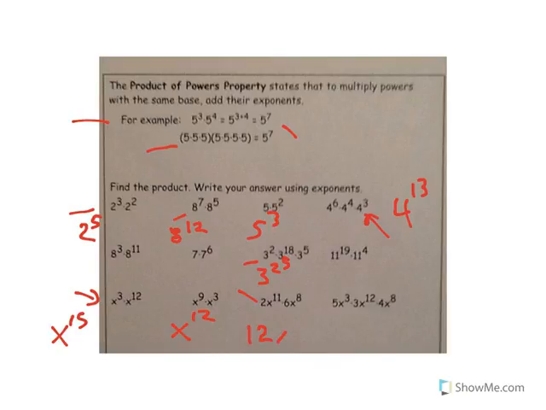And then x is the base, and the exponent is 11 plus 8, which is just going to be 19. For this one here, it's going to be 5 times 3 times 4, and that's going to be 60. And then x to the 3 plus 12 plus 8, so that's the 23rd power.